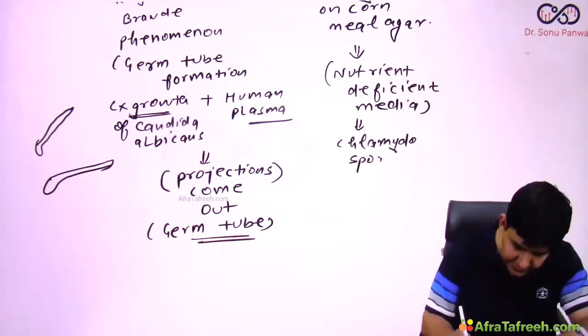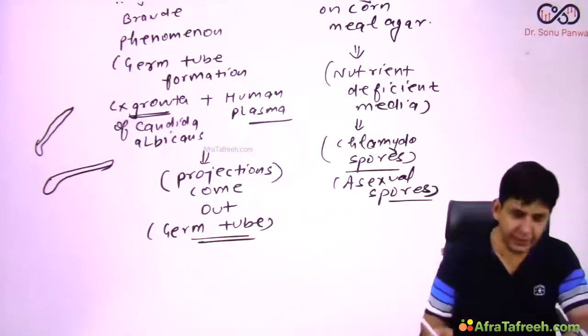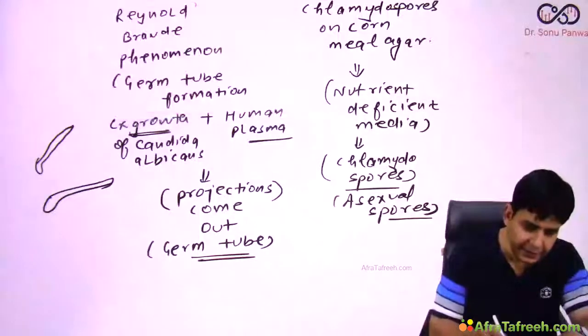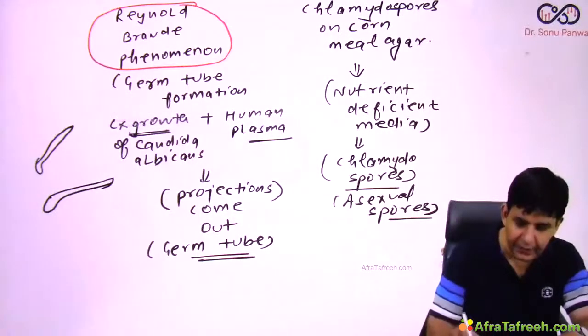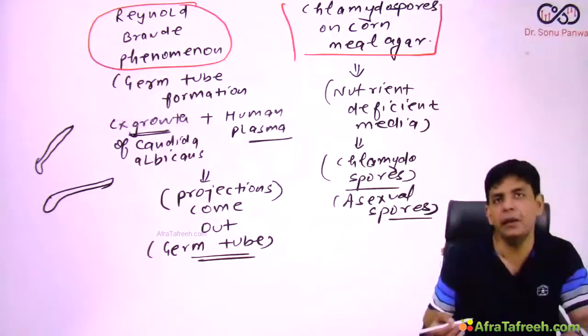So that's why they produce these chlamydospores, which are asexual spores, on the cornmeal agar. Okay, so these are the two important questions here: it produces Reynolds broad phenomena and the chlamydospore formation on cornmeal agar.